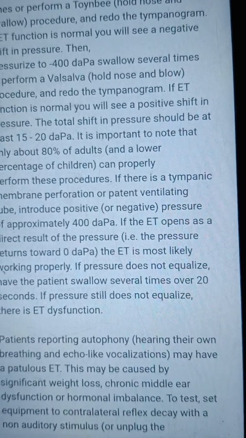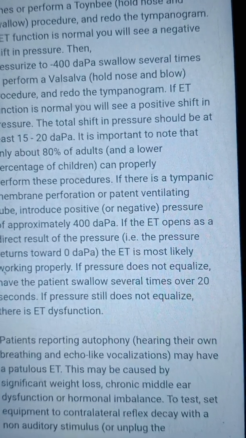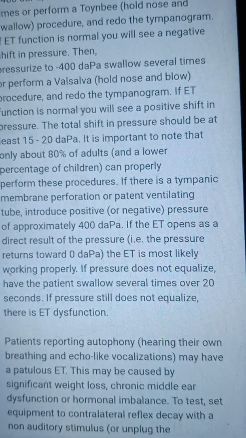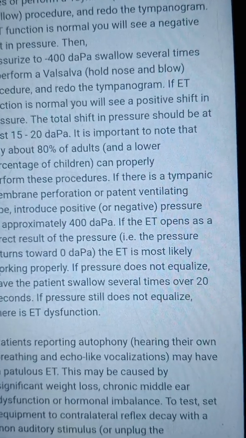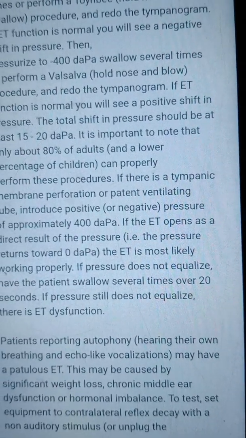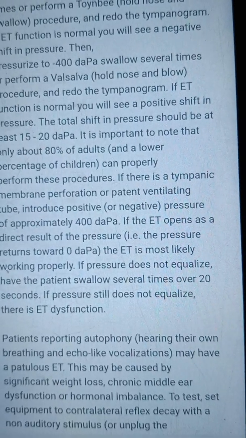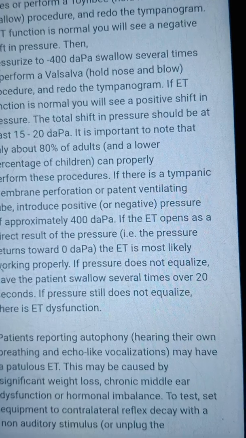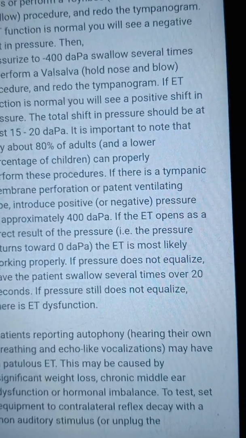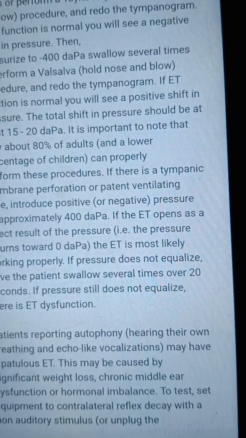It is important to note that only about 80% of adults and a low percentage of children can properly perform these procedures. Now, if there is a tympanic membrane perforation or patent ventilating tube, introduce positive pressure of approximately 400 decapascals.